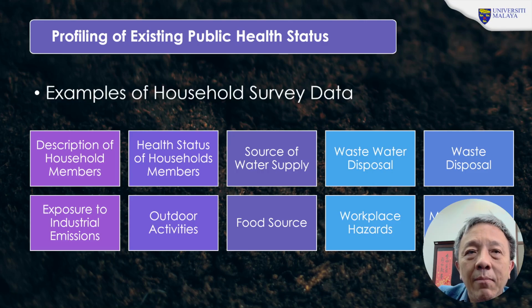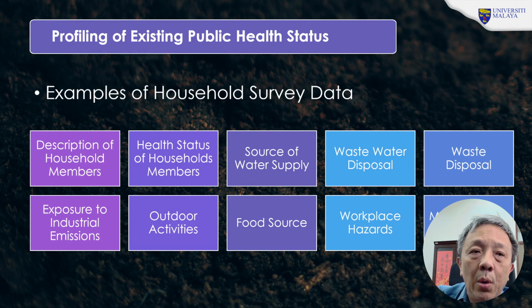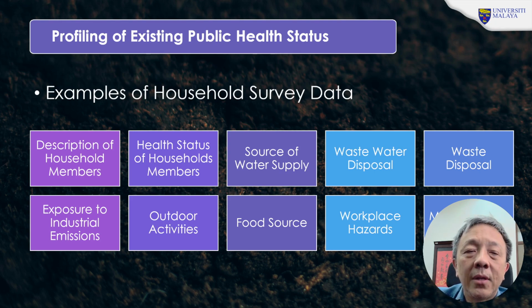Here are some examples of household survey information to be collected. It can include description of household members, health status of household members, source of water supply, wastewater disposal, waste disposal, exposure to industrial emission, any outdoor activities that the household is involved in, and what the food source of the household is.